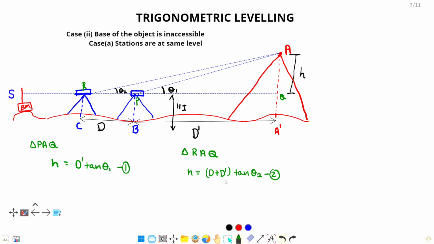We will substitute the value of d dash from the first equation into the second equation and we will get the value of h. From the first equation I can write d dash is equal to h upon tan theta 1.